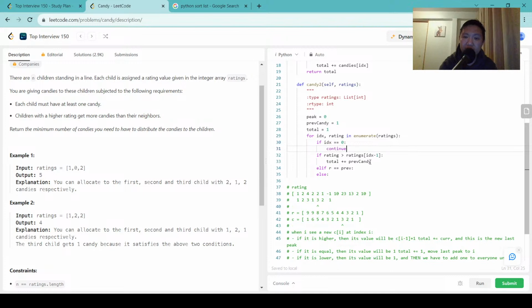I'm gonna make this better later. Okay, so 0, then previous candy. Okay, I'm gonna fix it later.